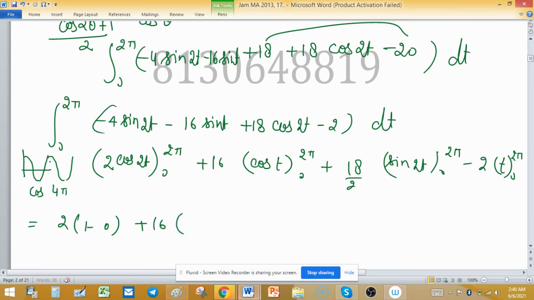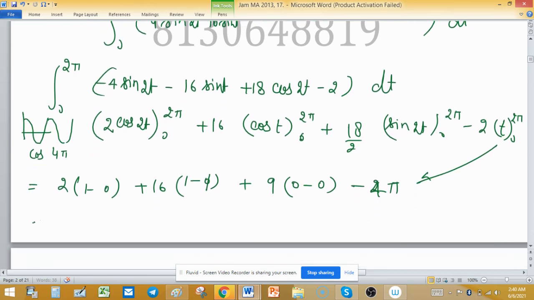Cos 2 pi is 1, so 16 times (1 minus 1) because of the lower limit, plus 9 sin 2 pi, which is 0, so 0 minus 0, minus 2 times 4 pi from the last term.